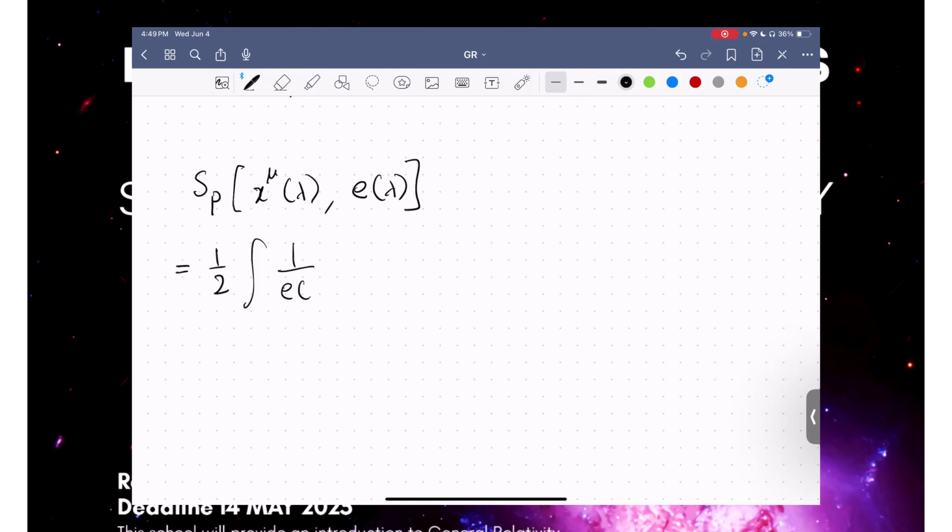I will justify this definition later. These x's are also functions of lambda, but it gets a bit messy if I keep writing it down. I mean, so is this. This is a function of x, which is a function of lambda. Anyway.